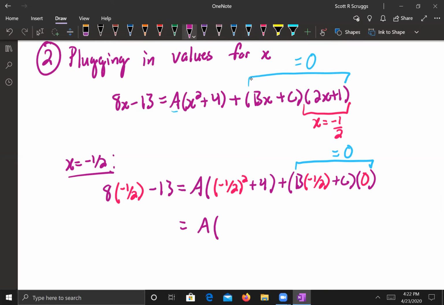-1/2 squared is 1/4. 4 can be written as 16/4. So I have for my constant 17/4. On the left-hand side, 8 times -1/2, that's -4, minus 13, I have -17.